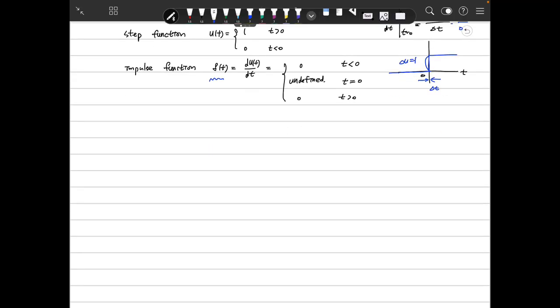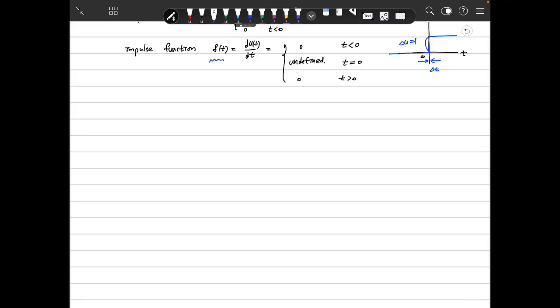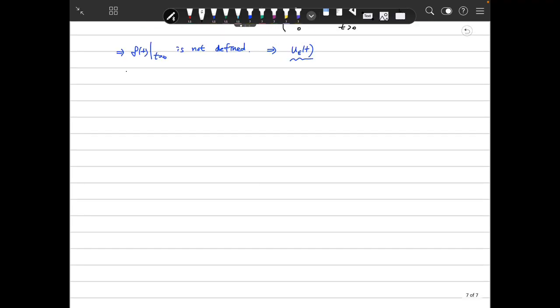Because the delta function is not defined at t is 0, so you can say that delta t when t is 0 is not defined. Therefore, we think about a new function, u epsilon t. We define u epsilon t in this manner.